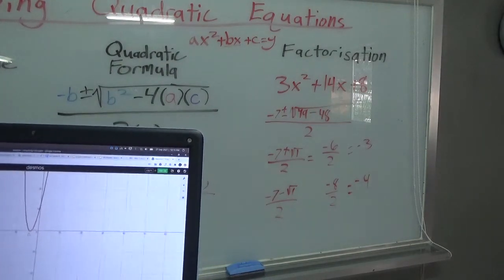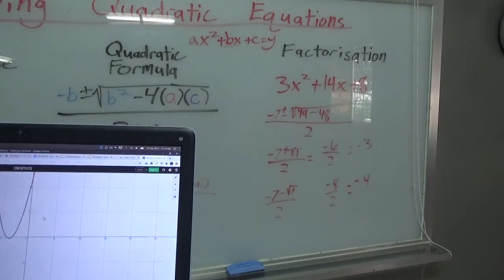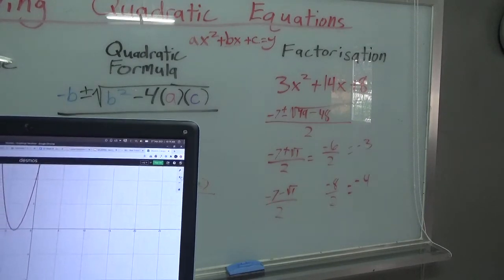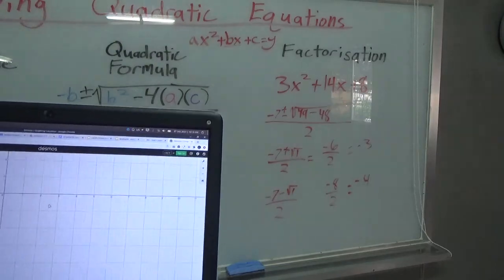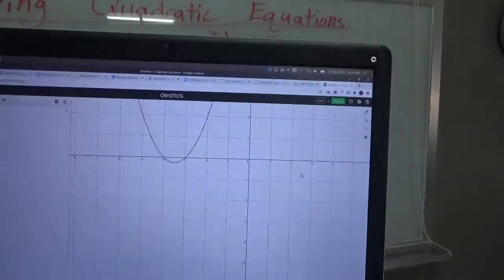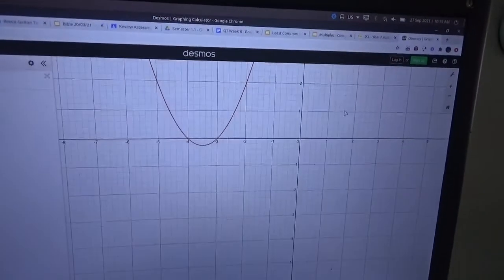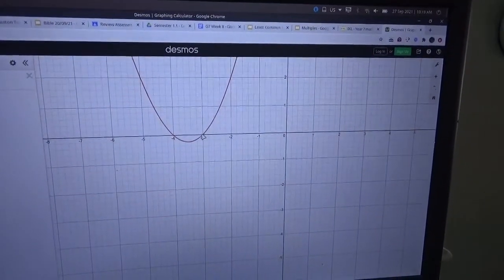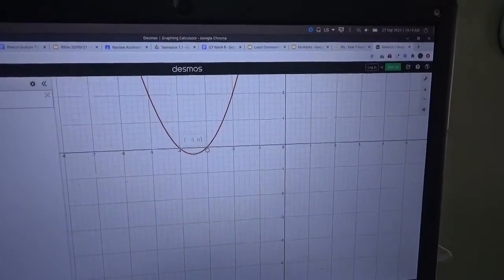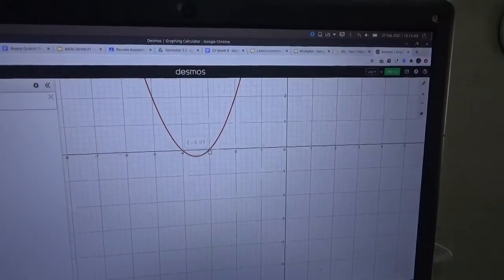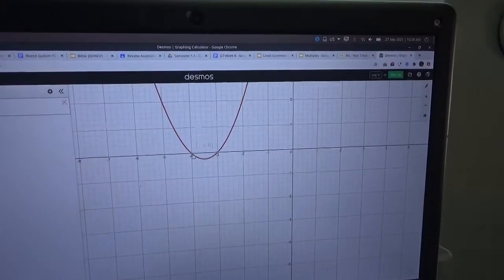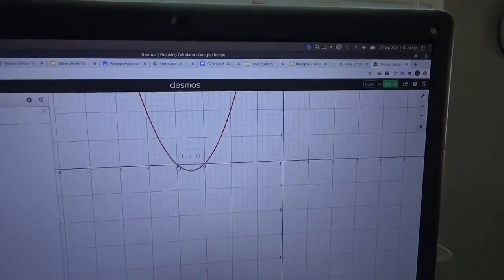So we are looking for the values where y is equal to 0. And if we zoom in, we can see the parabola. And if I go here, I can see that there is the point -3, and there is the point at -4.